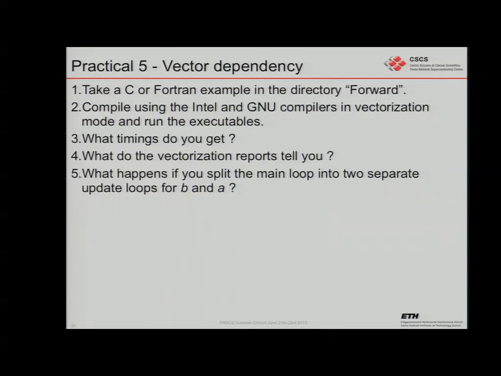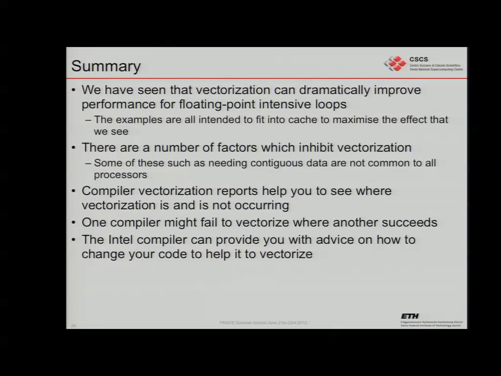So to summarize what we've just been looking at this morning, we've seen that even on our established processors, after all, this is an Intel Westmere, this is two years old now, and we have Sandy Bridge processors with even wider vector registers, even more difference between the vector and non-vector code, and moving forward to the Intel MIC.